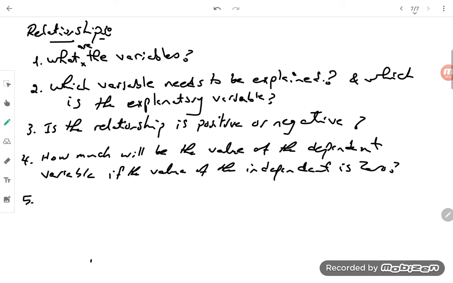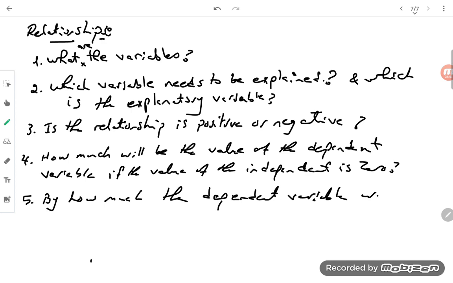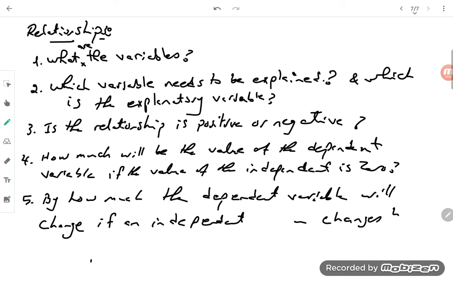And finally, question number five, by how much will the dependent variable change if an independent variable changes by a small amount, usually 1 unit?